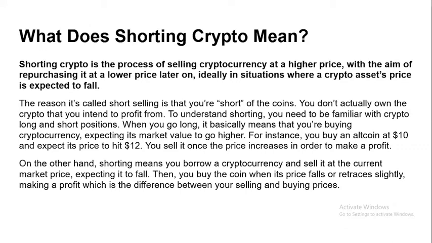You sell it once the price increases in order to make a profit. On the other hand, shorting means you borrow a cryptocurrency and sell it at the current market price, expecting it to fall. Then you buy the coin when its price falls or retraces slightly, making a profit, which is the difference between your selling and buying prices.